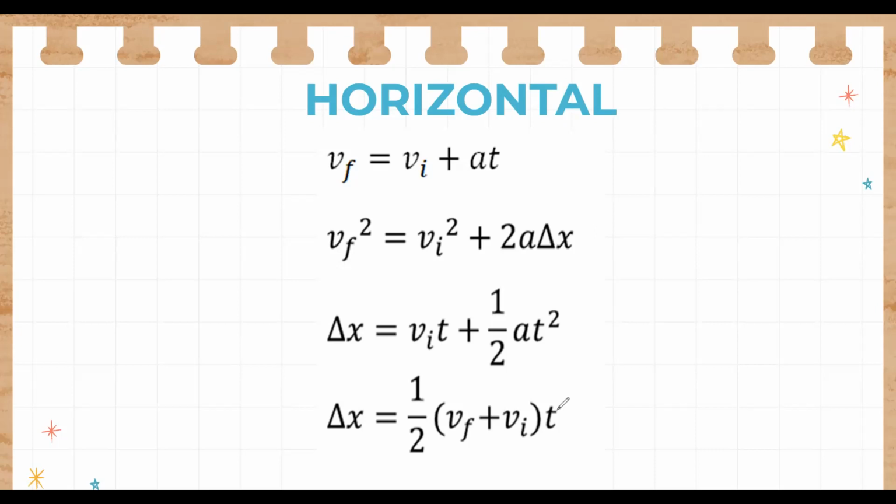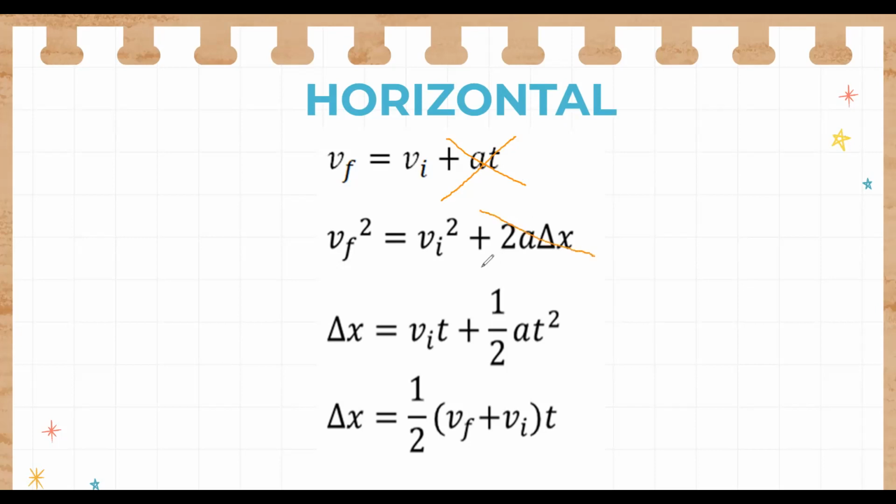All right? So when we are in uniform motion, most of these formulas are going to be canceling out. What does that mean? That means that if my acceleration is 0, then this right here is going to cancel out, which leaves me with final velocity equals initial velocity, which I already knew. All right?